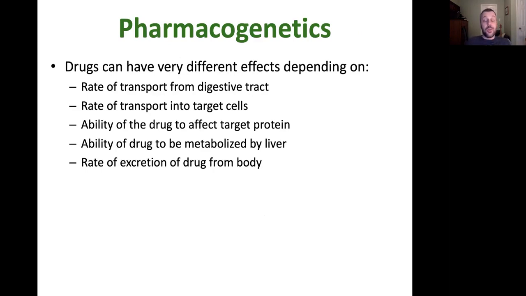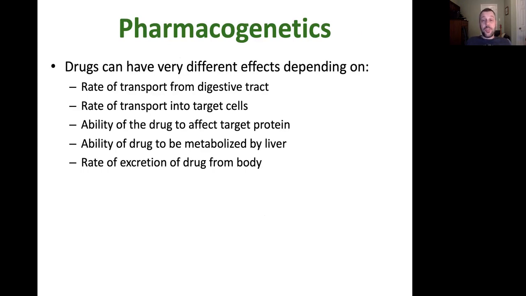So that brings me to a discussion of a newly emerging field called pharmacogenetics, or sometimes pharmacogenomics. You all know that drugs have different effects on different people, right? Some people require more drugs to have an effect than other people do.